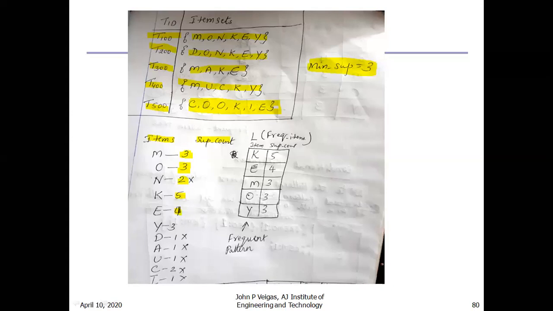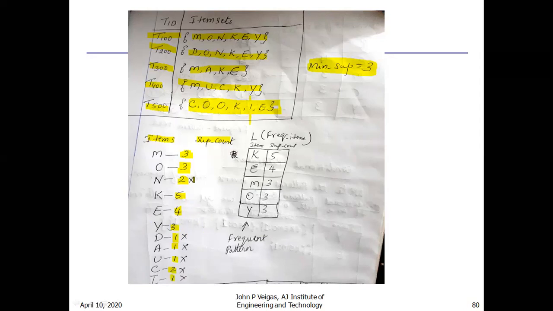E occurring 4 times. Y occurring once. A only once. U once. C 2 times. And I occurring once.